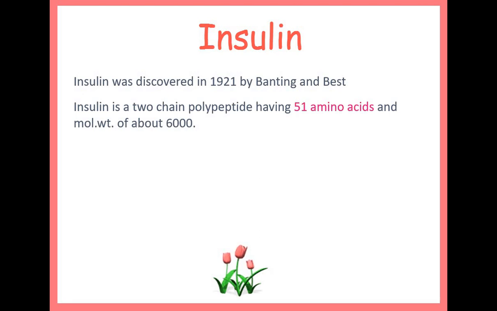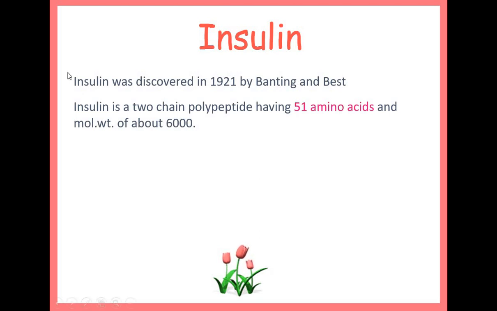Second is beta cells, which release insulin. Delta cells, very good, it is somatostatin. Epsilon, that is ghrelin. And finally gamma cells or F cells, that is pancreatic polypeptide.